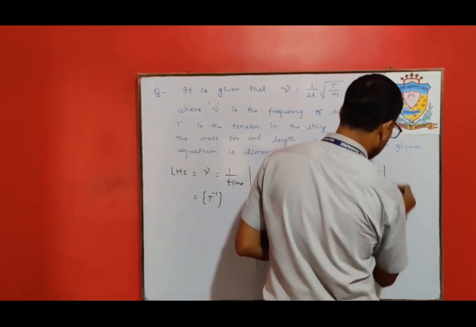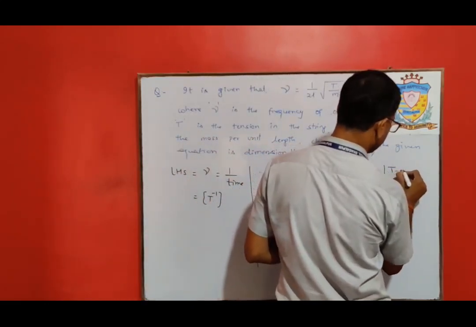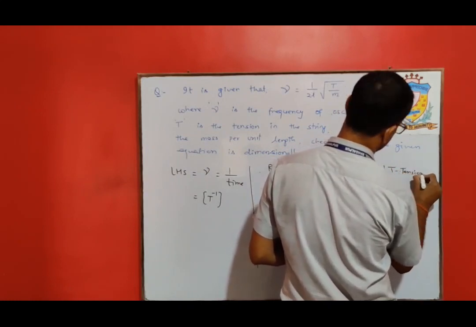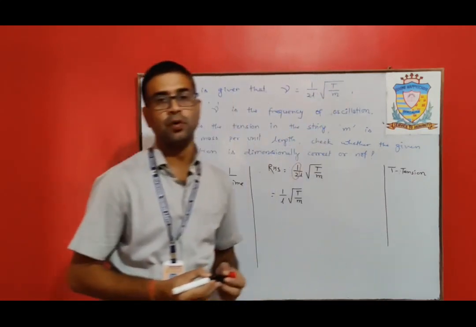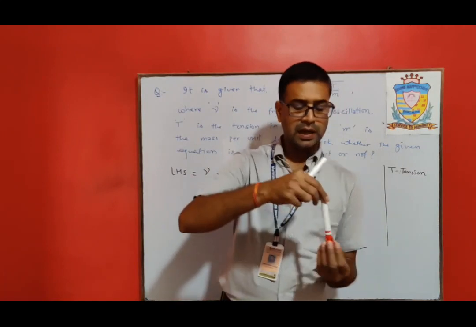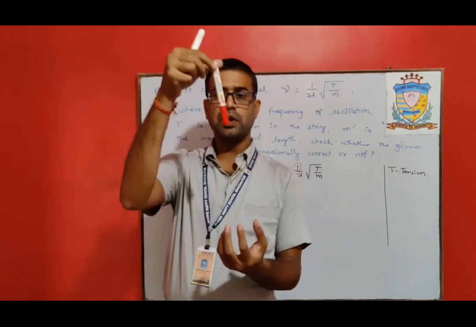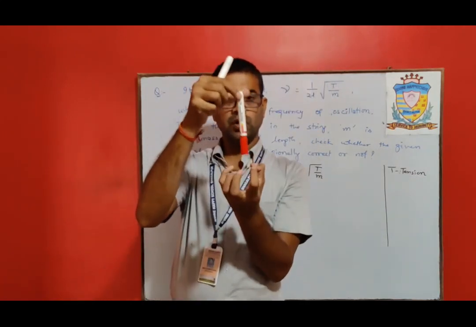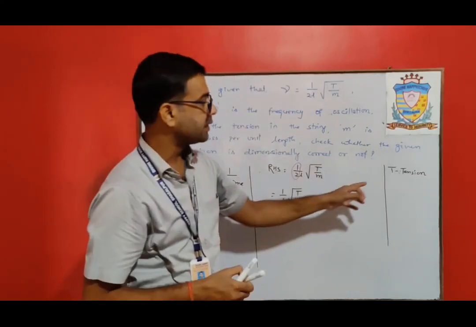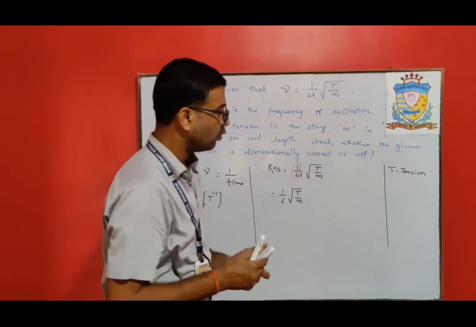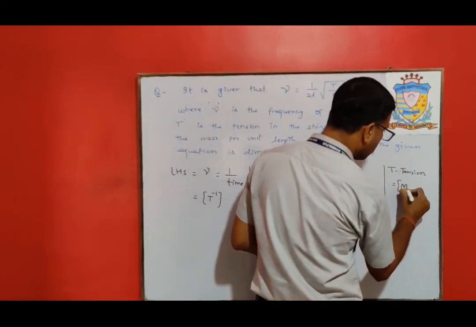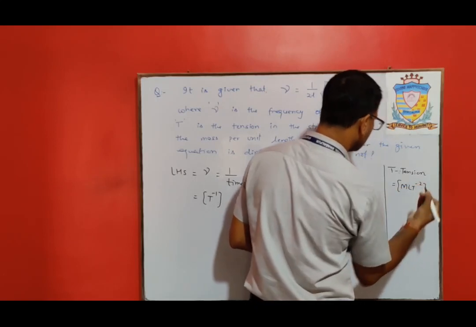Here, T is the tension in the string. Tension is a force. Suppose we hang anything from a rigid base through a thread, so the tension exerted in that string is known as the tension, and this is a force. So we know that the dimensional formula for force is MLT minus 2.